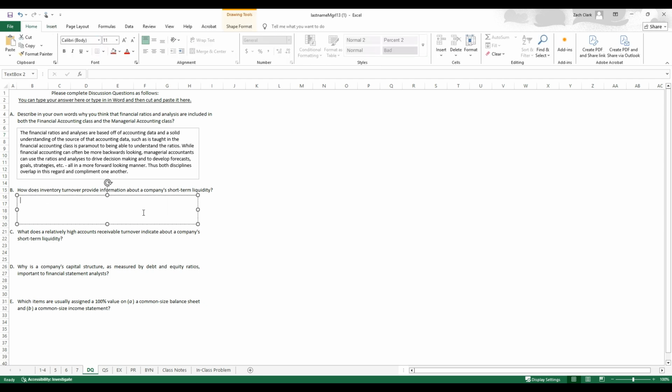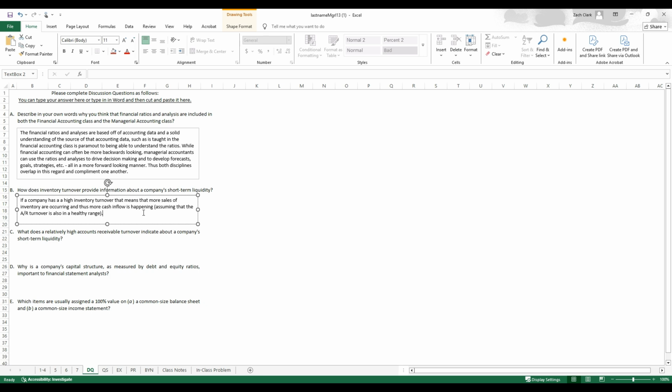So in terms of inventory turnover, if a company has a high inventory turnover, that means that more sales of inventory are occurring, and thus more cash inflow is happening, assuming that the AR turnover is also in, let's say, just a healthy range.